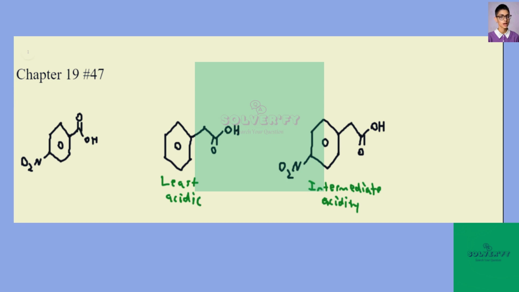And then the first molecule is going to be the most acidic, and it's going to be the most acidic for two reasons, really. The carboxylic acid here is substituted directly onto the ring, and so we have all the possibilities of drawing resonance structures.